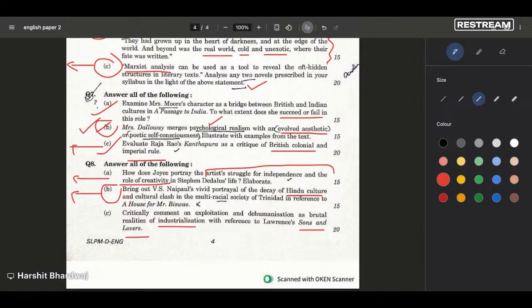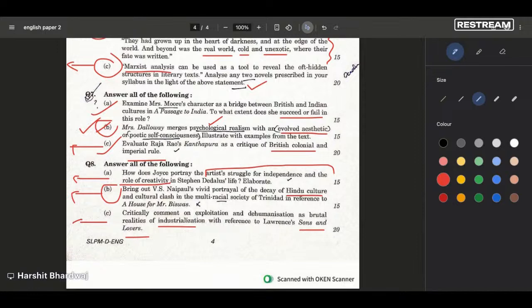Even if the chances of something like this repeating next year are slim, this is an idea that historically they have not touched upon. Sons and Lovers, they always use this text for the Oedipal complex or psychoanalytical assessment. They have not touched upon that.